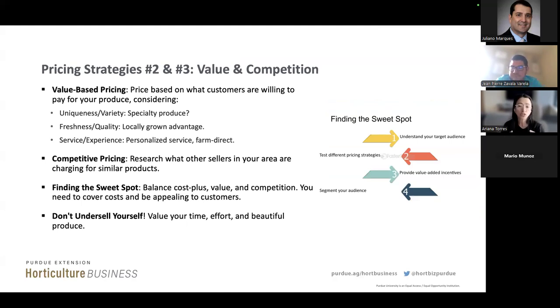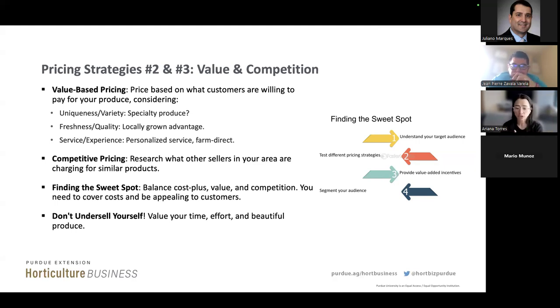So this is what I call the triangle. One corner is your break-even price, which is your costs, and your competitor prices. You need to understand how much your competitors are charging for equally quality produce. And then there is the roof, which is how much your customers are willing to pay.